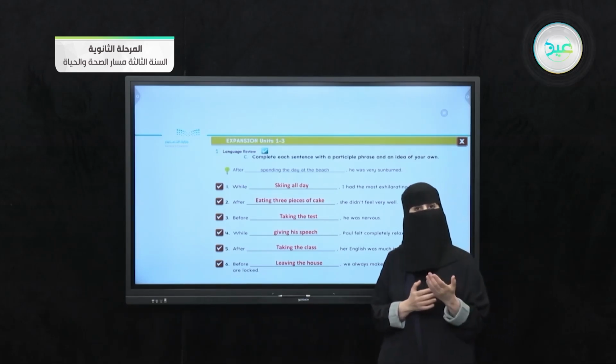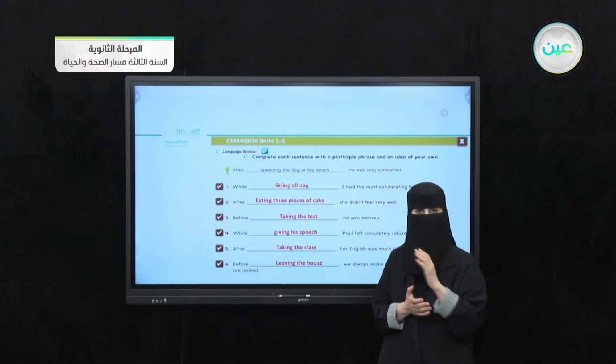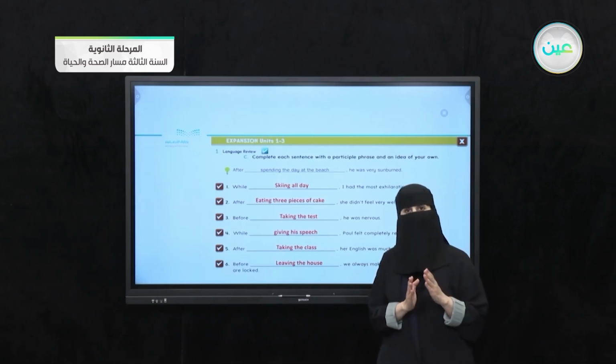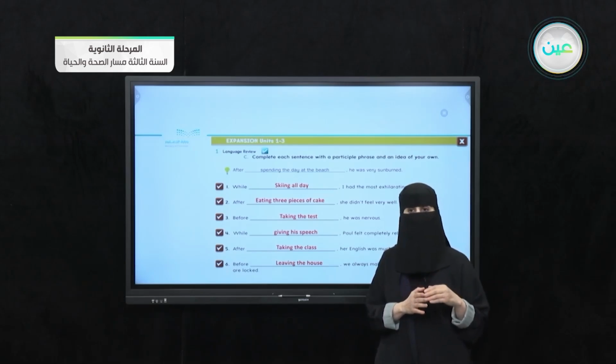The structure is subject plus modal plus have been plus past participle, instead of just the past modal with the past participle.